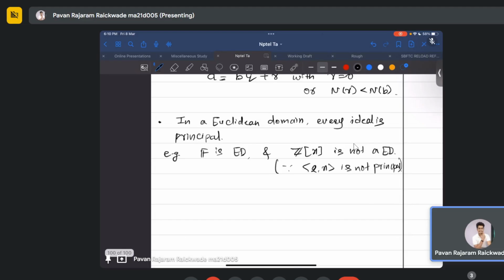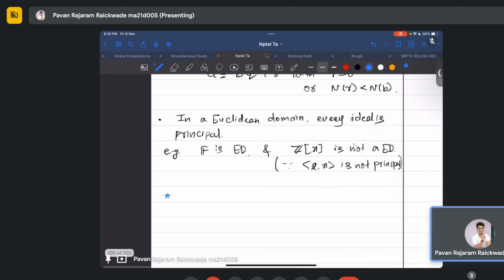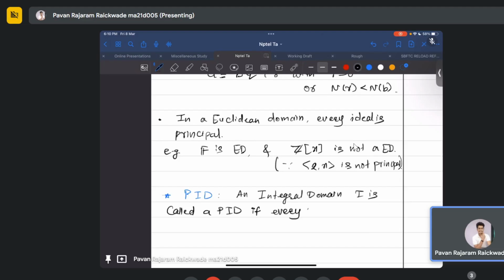Also, this property that every ideal is principal has its own big importance. Why? Because integral domains which possess this property are called principal ideal domains. So there's another definition we have, PID: an integral domain is a PID if every ideal is principal.